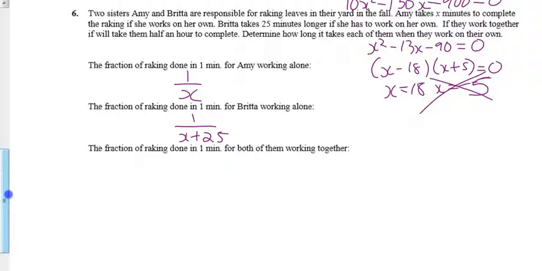Working together, the fraction of raking done in 1 minute will be... they're working together, so how much of the work will they do each minute? What fraction of the work?